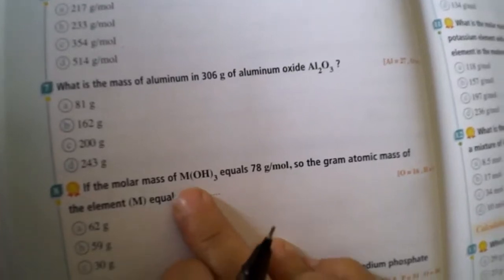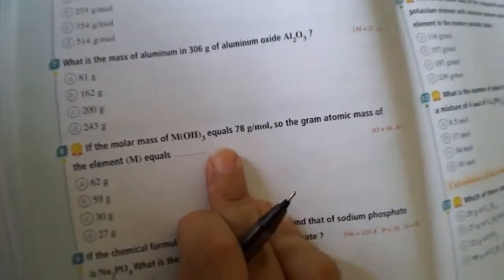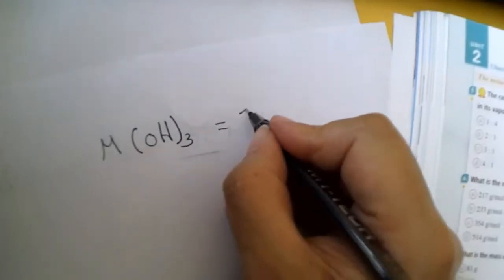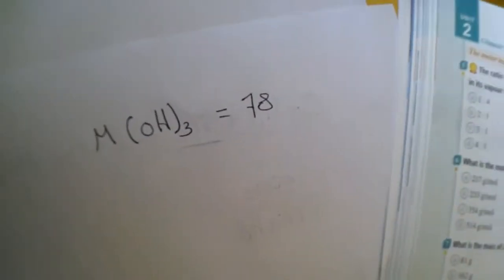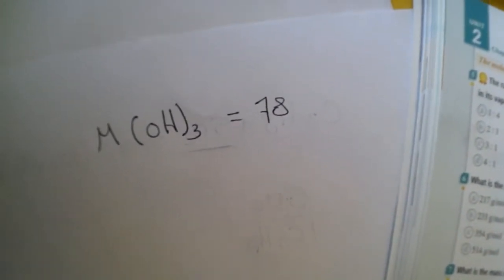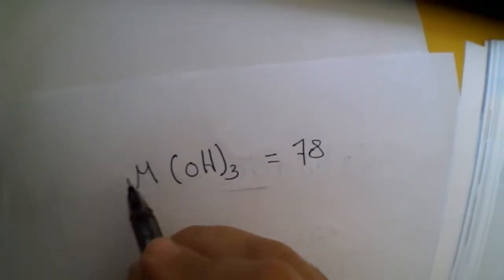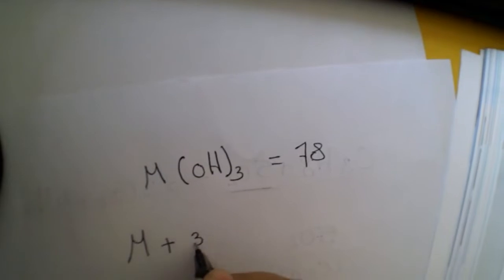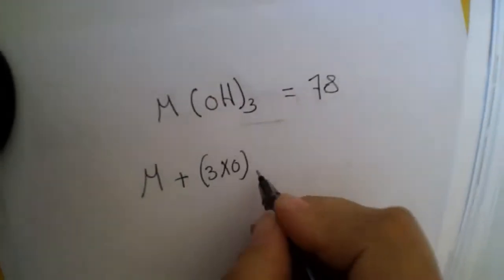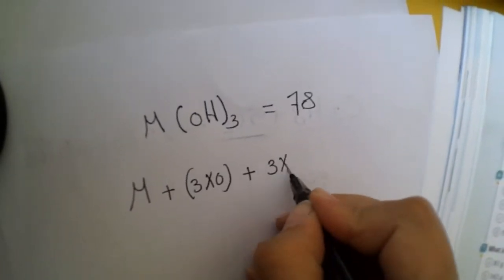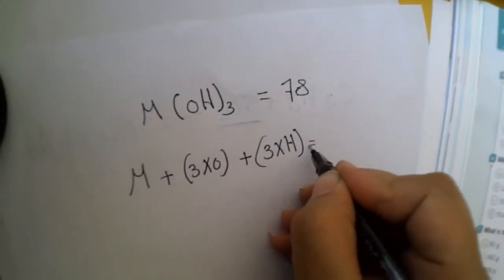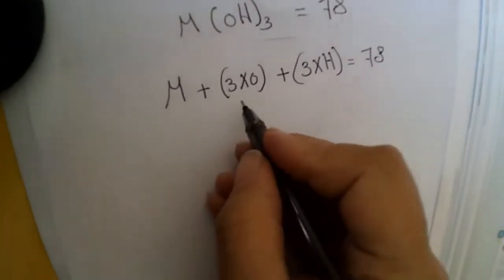If the molar mass of MOH3 equals 78, so we have a compound called MOH3, where the valency of the M is 3, equals 78 gram per mole. He wants to find the gram atomic mass of the element. It represents M plus 3 times O, plus 3 times H. We're gonna substitute each one of them by its atomic mass.